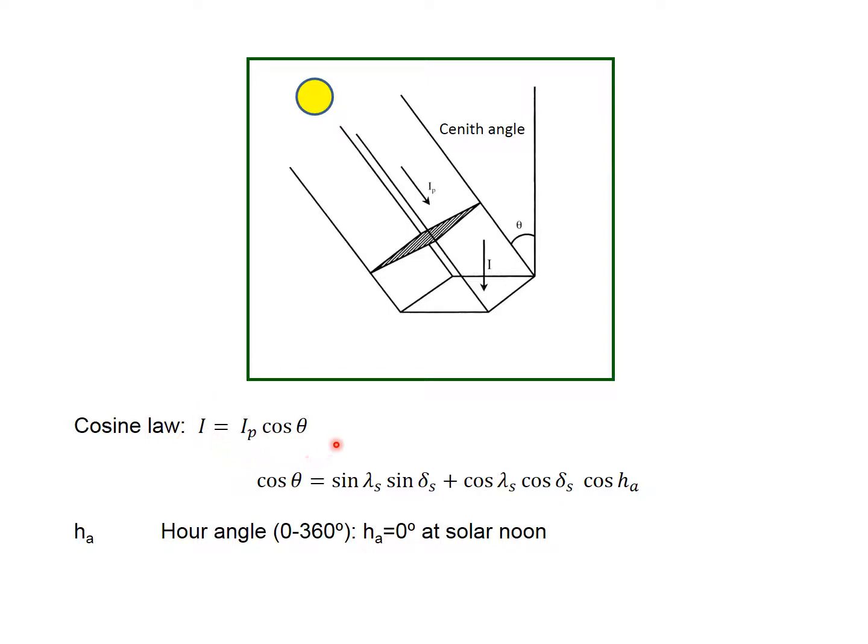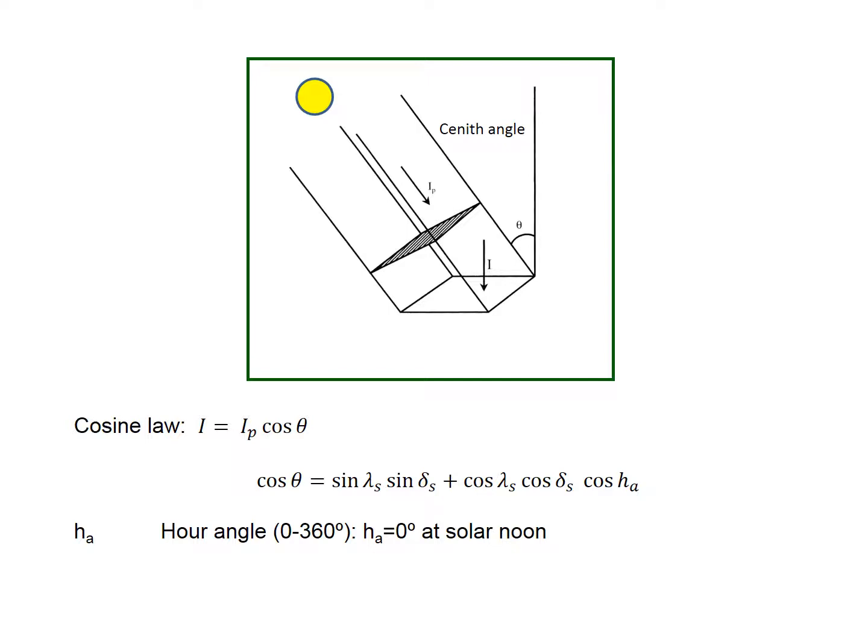It's the so-called cosine law, where I, the flux of energy on the horizontal plane, is equal to I_p, that normal to the sun rays, multiplied by the cosine of the zenith angle.